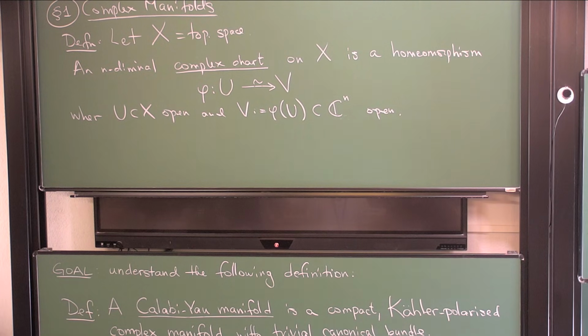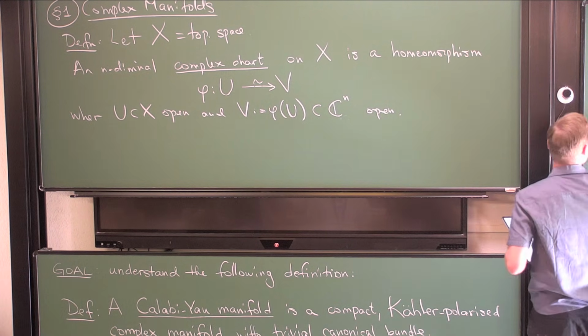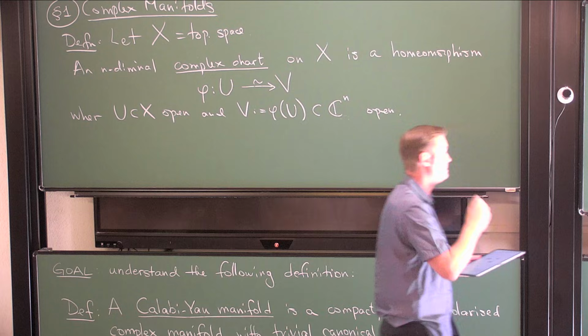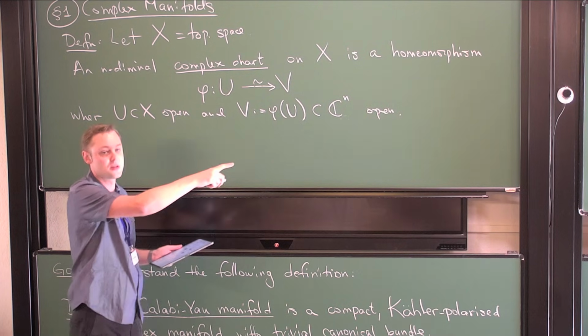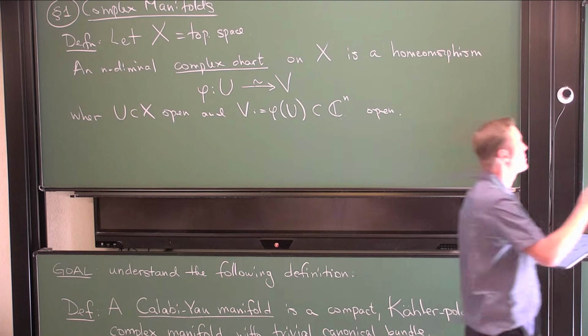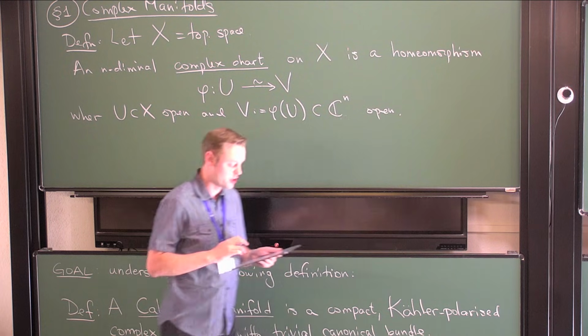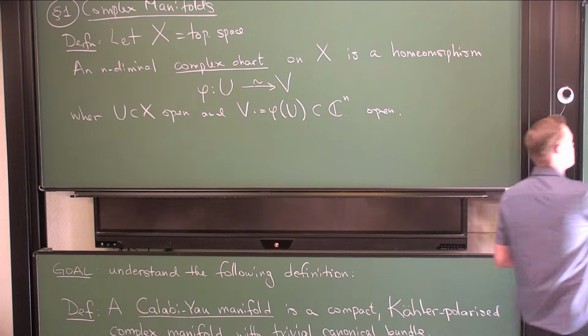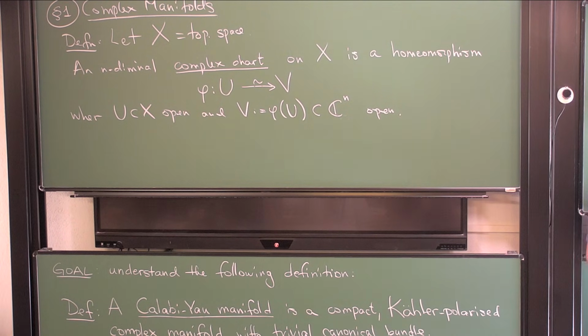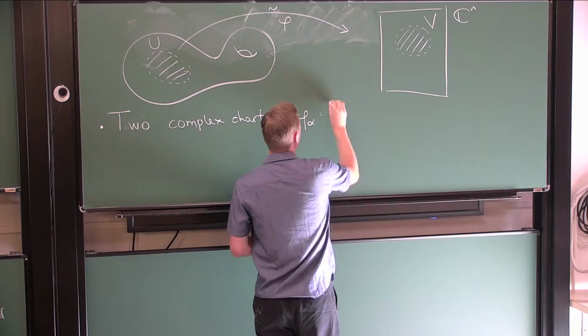So why is that useful? In particular, it's because now that we are mapping everything to C to the n, we can compare two different charts and see if they agree on the complex structure that they pull back. So I will say that two complex charts, let me call them phi alpha.